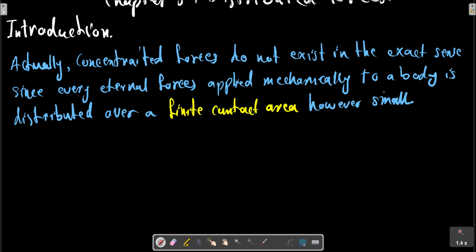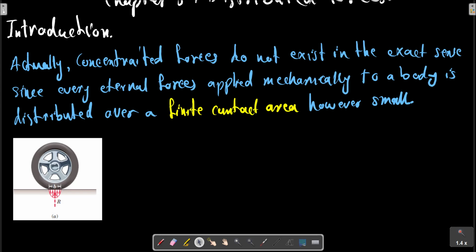The force exerted by the pavement on an automobile tire, for instance, is applied to the tire over its entire area of contact, as shown in this picture. Distributed forces, example.